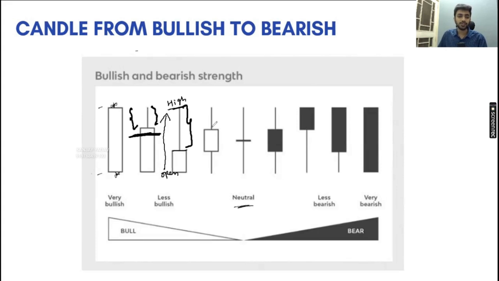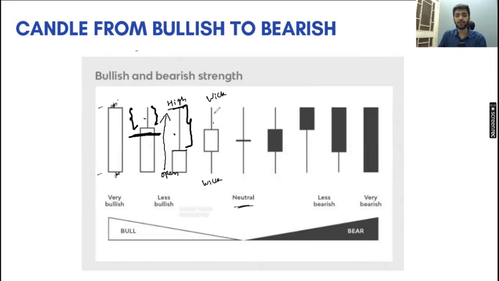We look at this now. We have a wick on both sides. We have a wick here also, and here also. So we are moving from bullish to the neutral side. This was the most bullish, comparatively. Now this is more towards neutral. It's still bullish, but not that bullish. It's not that effective. Why?